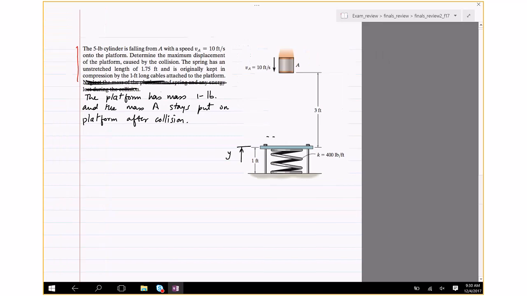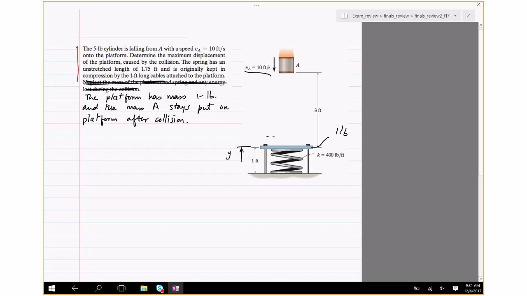Okay, so same figure, but slightly different. A 5-pound cylinder is falling with the same speed onto the platform. Determine the maximum displacement of the platform caused by the collision. The spring has an unstretched length of 1.75 feet and is originally kept in compression. So it's all the same till there, but there's a slight twist: the platform has a mass of 1 pound, and the mass A stays put on the platform after collision.